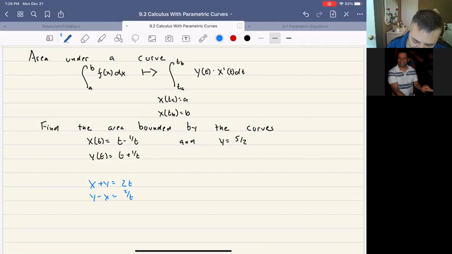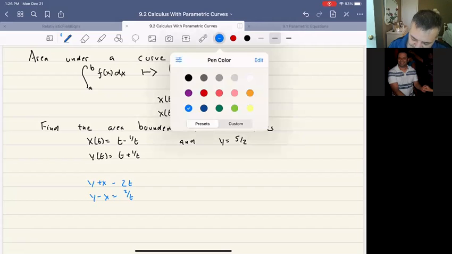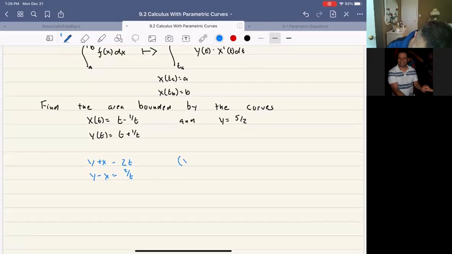Let me write that as y plus x. Let's multiply those two things together. No reason to do that other than I looked at it for a while and said, that's what I should do.